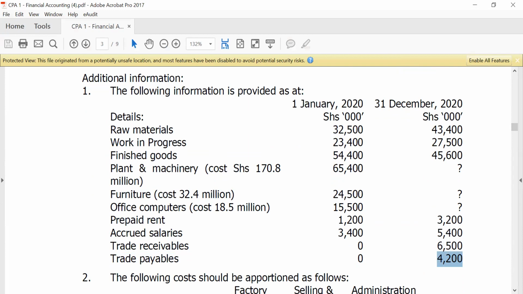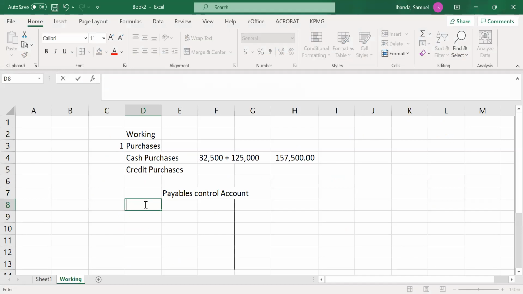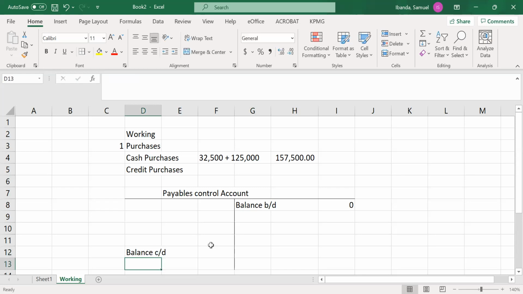So when you're doing this, you come here and say, now, since this is a payables account, it has a normal credit balance. So your balance brought down will be on this side, which is 0. Yet the balance carried down will be on this side.